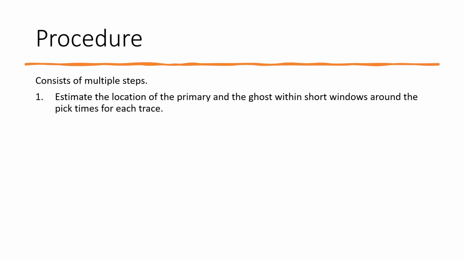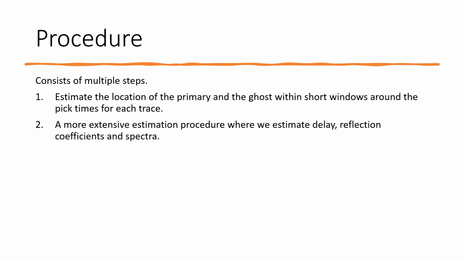And again, I'll explain a bit more of this later. And then that information is fed into a more extensive estimation procedure, which I was discussing just before, which is a global estimate of the delay, reflection coefficients, and spectra throughout the whole trace over the whole length of the trace in the time domain.